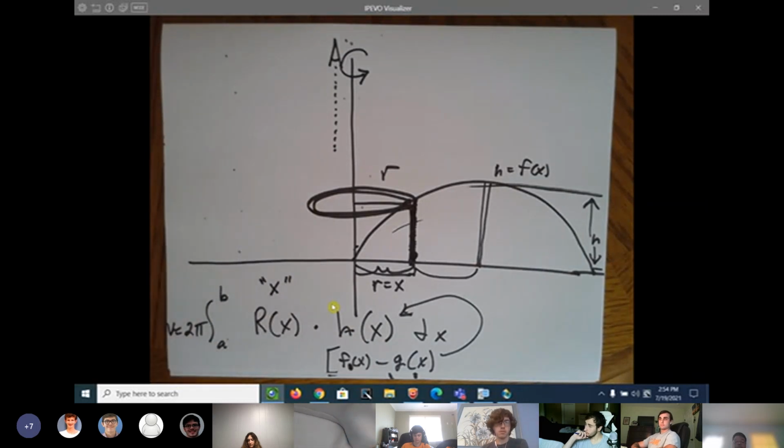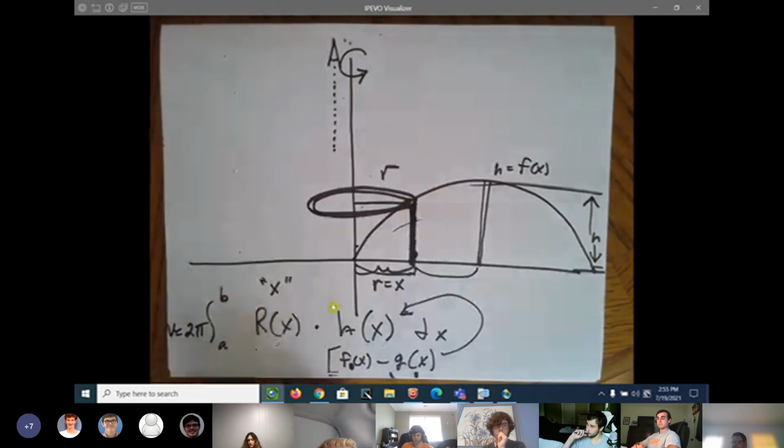So is the difference that it's not touching the y-axis? That's the difference. Yes. Is that also why you're multiplying by 2 pi? Because you're going around. Well, the circle, yes. Yes.